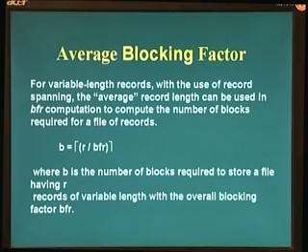In order to compute this, we first simply compute the blocking factor, that is, the block size divided by the average size of each record. Then the following formula, where r is the number of records divided by the blocking factor, will give the number of blocks that is required for storing a particular database, that is, a particular set of records.